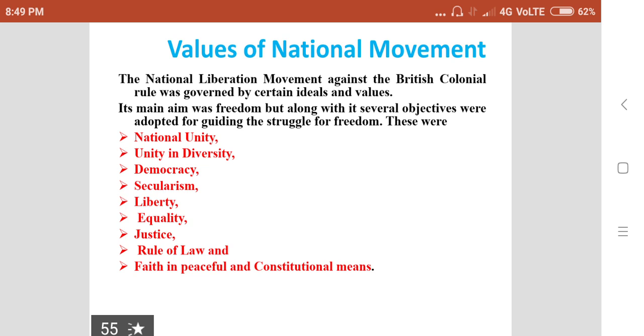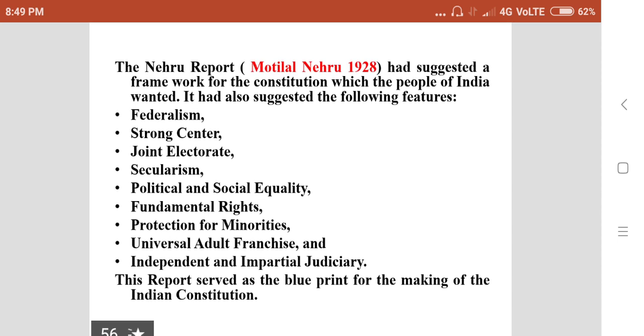The first one, national unity. Second, unity in diversity. Third, democracy. Fourth, secularism. Fifth, liberty. Sixth, equality. Seventh, justice. Eighth, rule of law. And ninth, faith in peaceful and constitutional means. So these are the values of national movement of India.